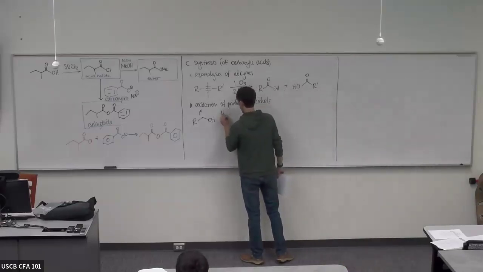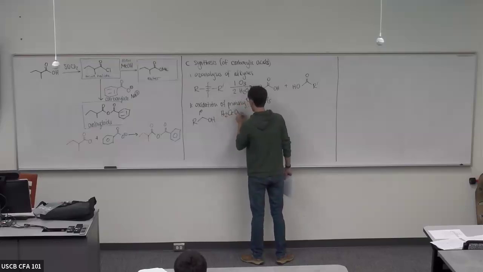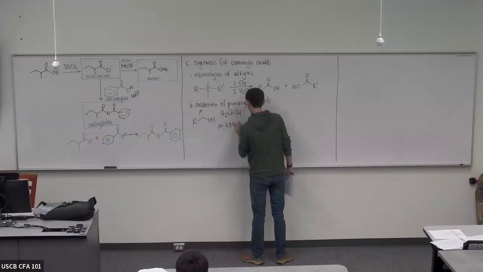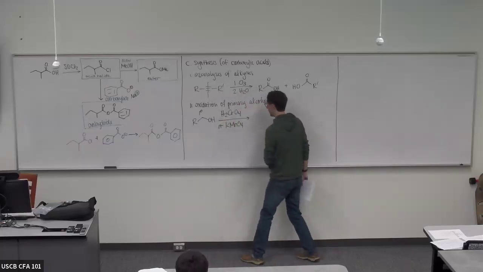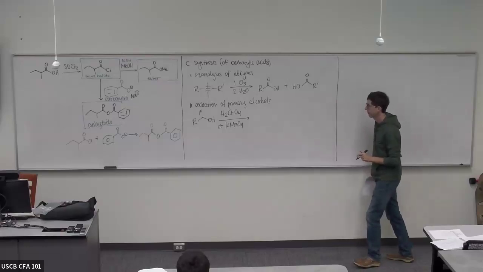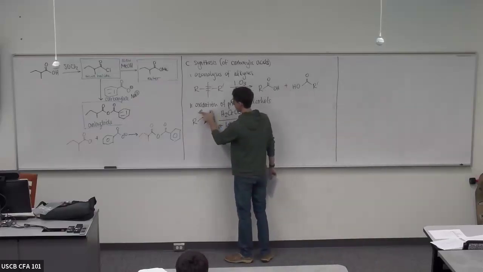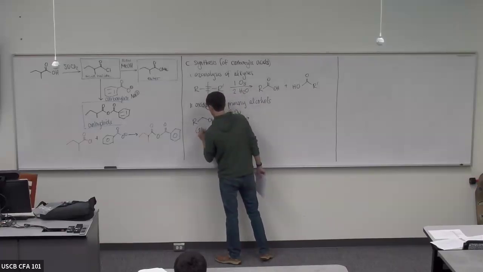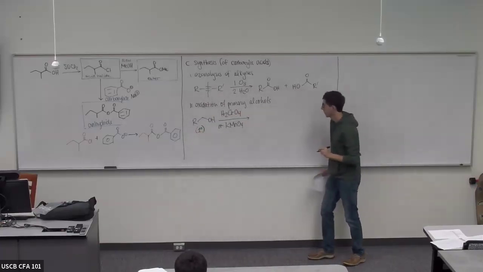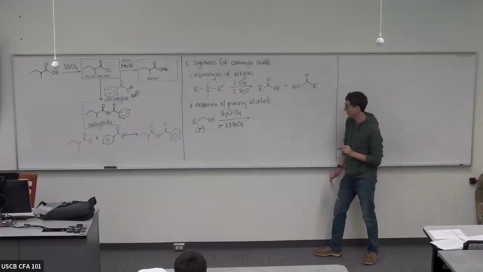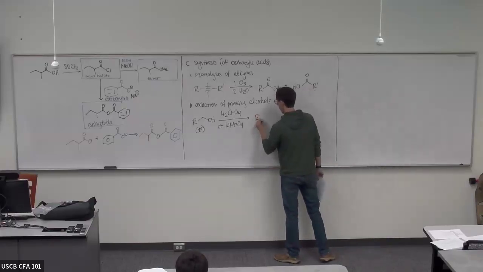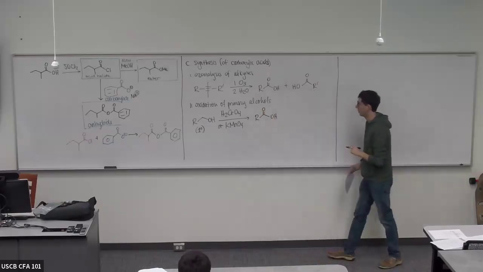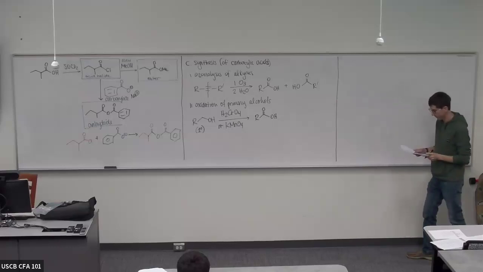And now we treat it with the same reagents that we used in the last chapter. So we can use H2CrO4 or KMnO4. We use one of these two oxidizing agents, and we get our carboxylic acid.